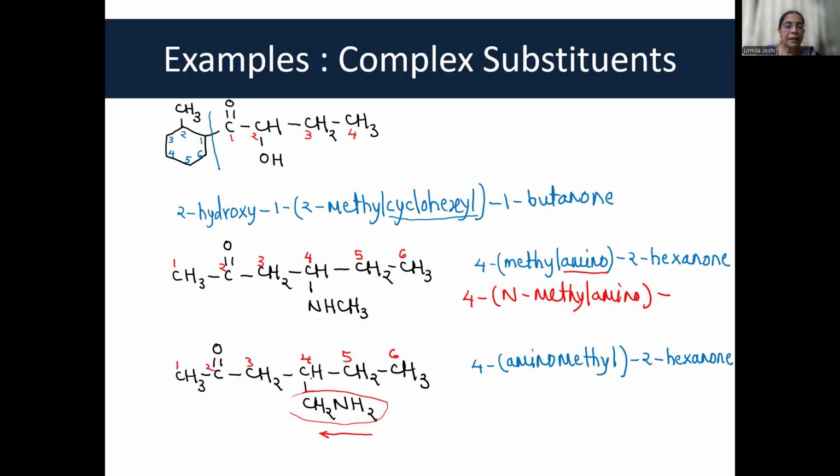Don't start naming with the term that is attached to the parent chain. This is away from the parent chain. So it is amino-methyl. Okay. 4-amino-methyl, and this is methylamino. So we clearly differentiate between these two compounds.